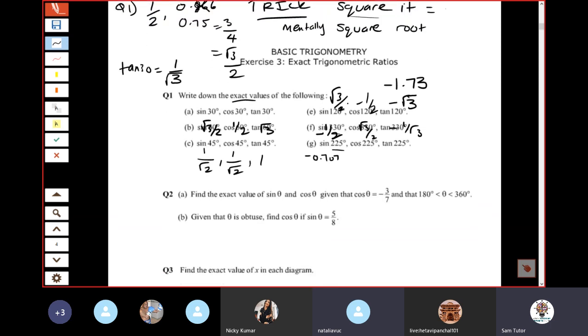Is that negative 0.7? Yep, so then what we've got to do now is square that, which becomes half. Press the SD button.